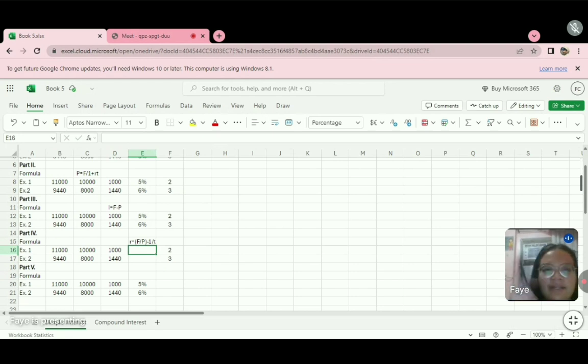So I have my scientific calculator here. We have F as 11,000 over 10,000 minus 1, all over time, which is 2. So we have 0.05, or if we express it as a percentage, 5%.